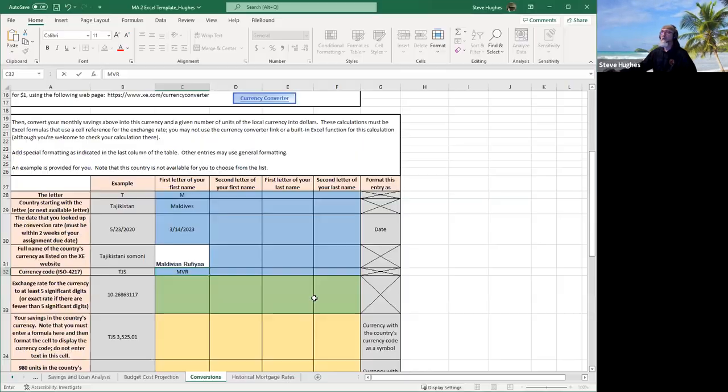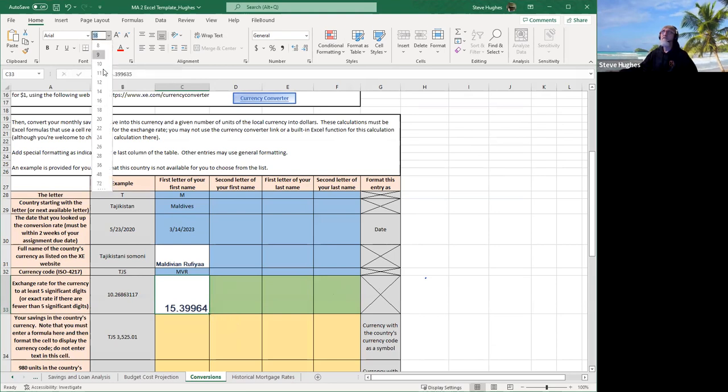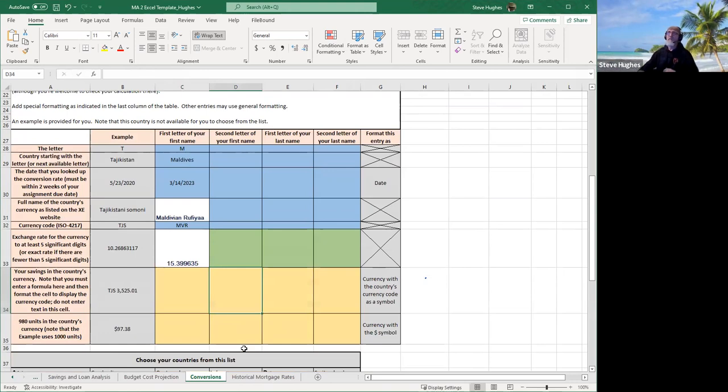So you can see there I copied in the name. I typed in the 3 letters, MVR. I need the numbers, so I'm just going to copy those again as well. And here I go. Once again, I don't need the font that big, so I'm going to minimize this a little bit more. There I go. All right, now I'm good to go.